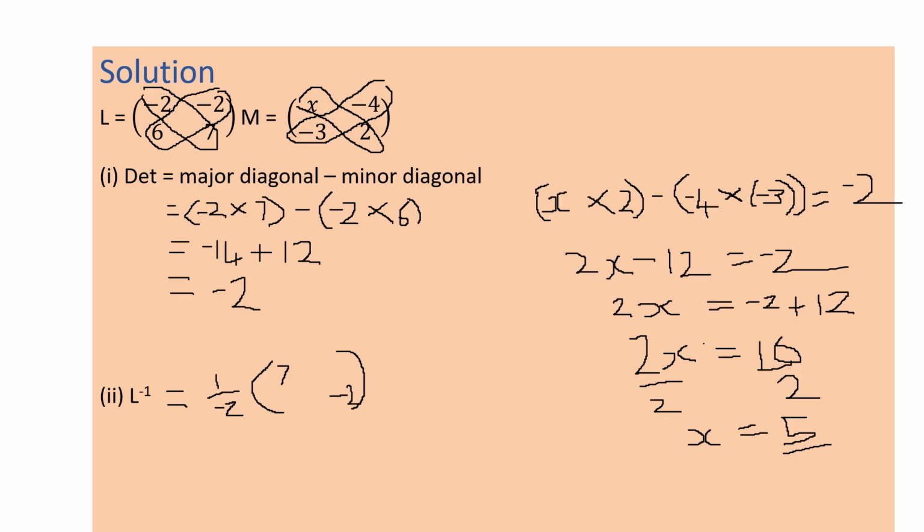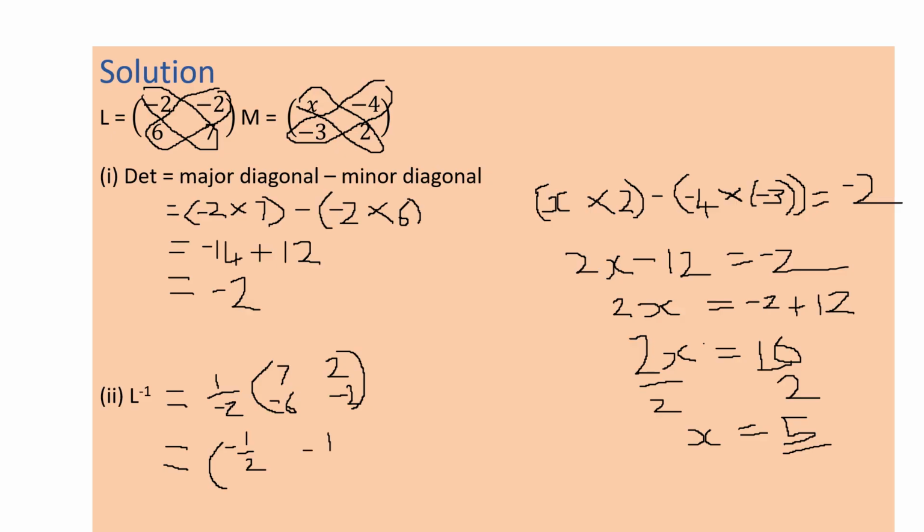What happens in the minor? In the minor, you change the signs. Here we had -2, it will be +2. Here +6 becomes -6. Then you can multiply 1 over -2 with what is inside the brackets. When you multiply 1 over -2 by 2, we are getting -1.